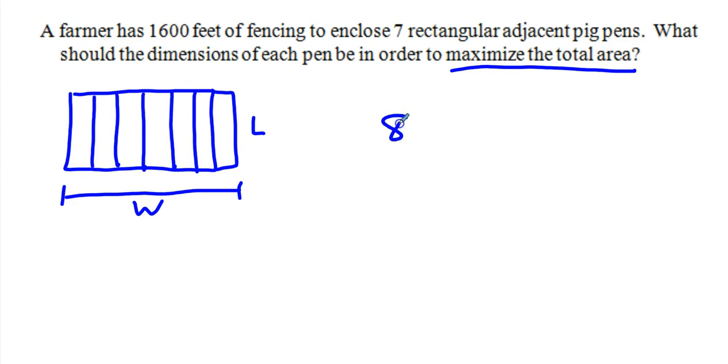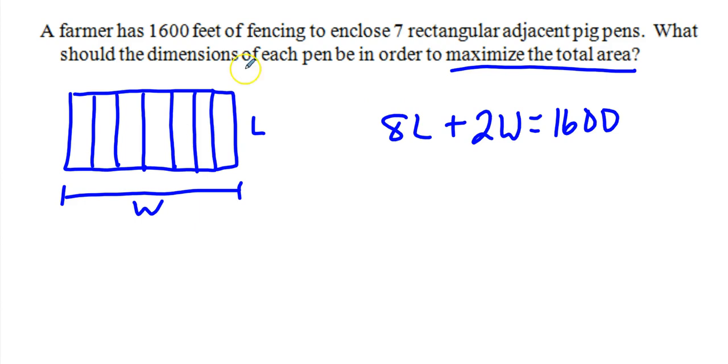We have 8 lengths, and then we have 2 widths for our 1,600 feet of fencing. All these vertical lines and then the 2 horizontal lines, so 8 vertical and 2 horizontal will be our perimeter.